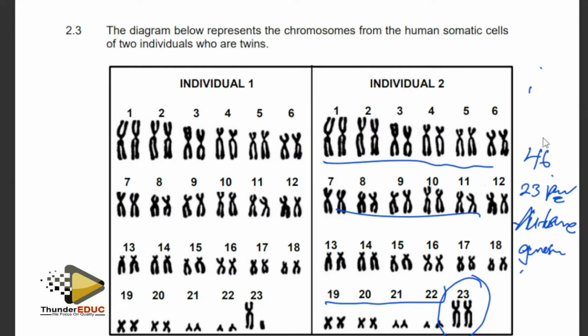The 23rd pair is made up of X and Y. If X and X are together, the individual is a female. All those are marks. If X and Y come together, the individual is a male. You see, you are describing the karyotype. You have already exited the 6 marks.